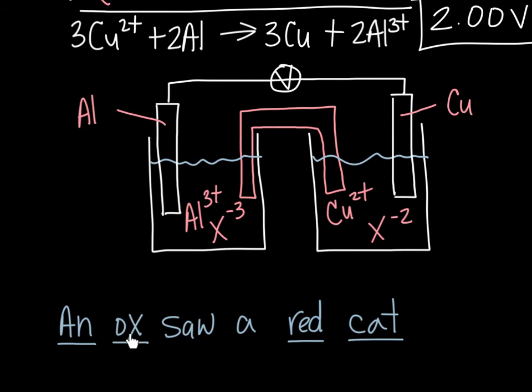The one that was being oxidized is going to be labeled as the anode. That's the equation that we reversed, and the one we reversed was the aluminum. So the aluminum is going to be the anode. And the one that is reduction, the red cat, is the cathode.